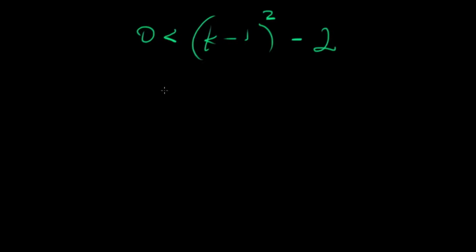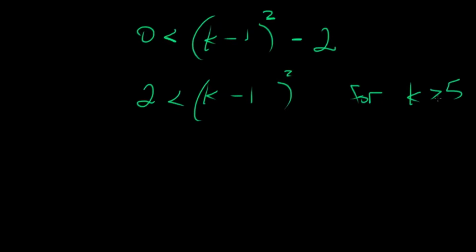I'm going to add 2 to both sides. Is this statement true? Is it true for k larger than 5? If it's not immediately clear, let's take the square root. Let's subtract 1. Sorry, no, that should be a minus. Let's add 1. Square root of 2 plus 1 is less than k.